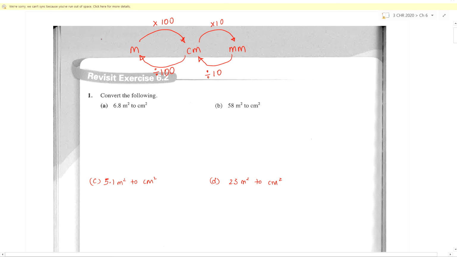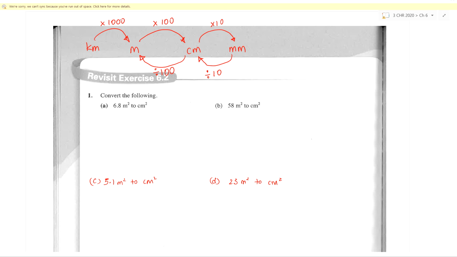What if I go this way? What do you think I should be writing on the left hand side of meters? Kilometers, right? That's the other unit that we know, kilometers. Okay, so from kilometers to meters, what do we multiply by? You should be familiar with your 2.4 kilometers, right?